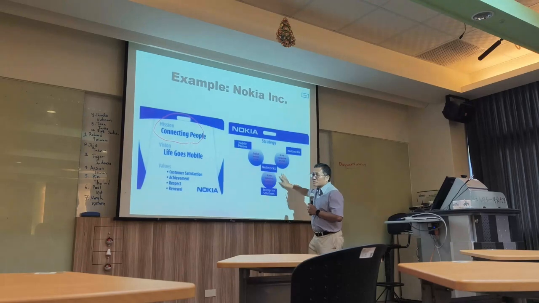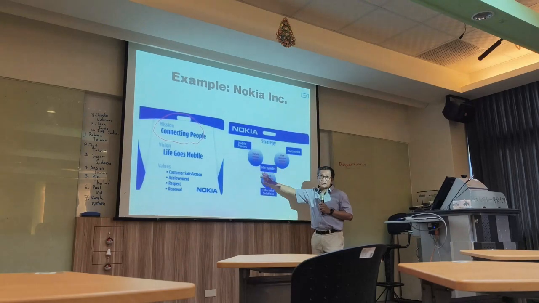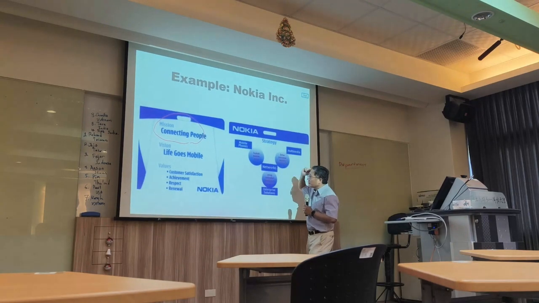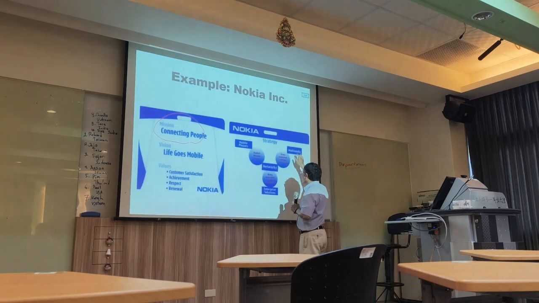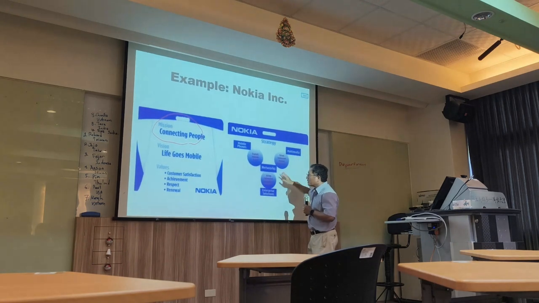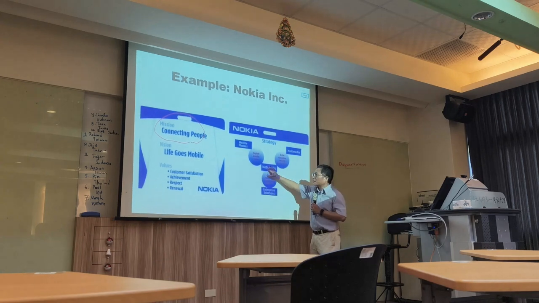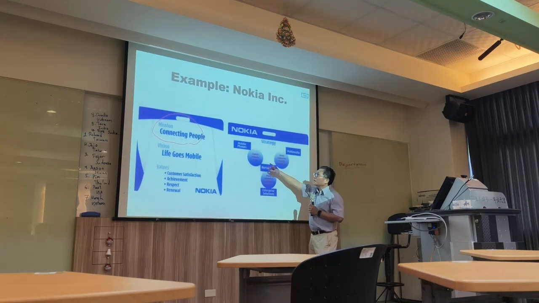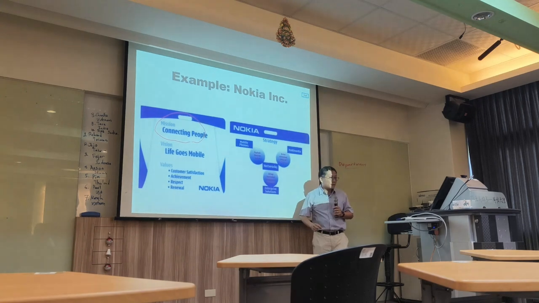And here we have our corporate strategy. At that time, they divided it into mobile phones, multimedia, business, enterprise, and then network, which is the infrastructure. So that's their strategy.